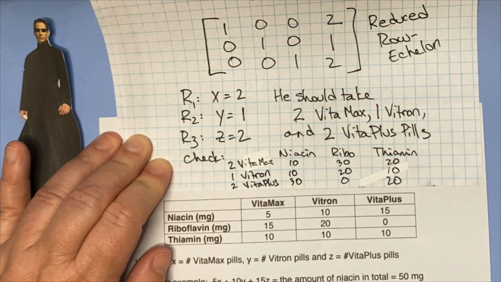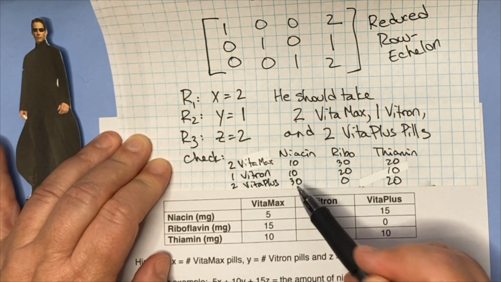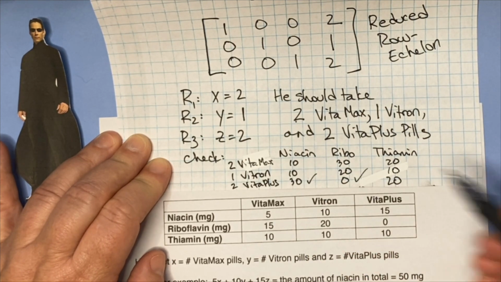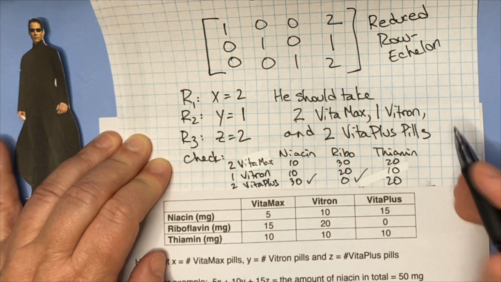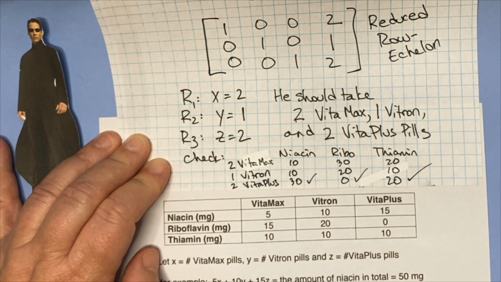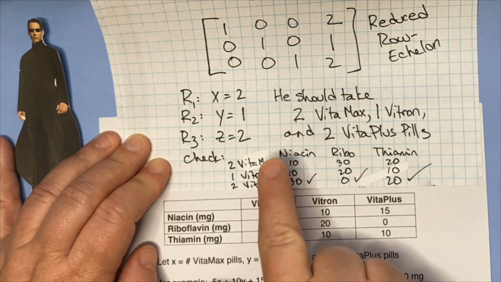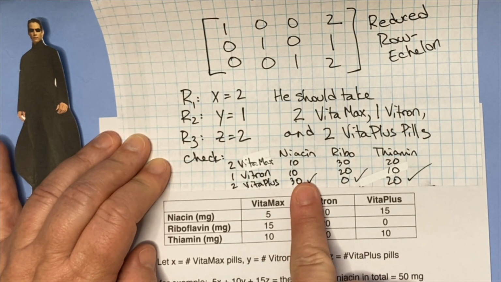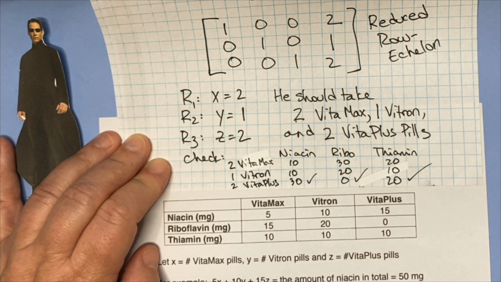And so the question is, 10 plus 10 plus 30, that's 50. 30 plus 20 plus 0, that's 50. 20 plus 10 plus 20, that's 50. So if he takes 2 Vitamax, 1 Vitron, and 2 Vita Plus every day, he's going to get 50 milligrams of each of these. And we did it.